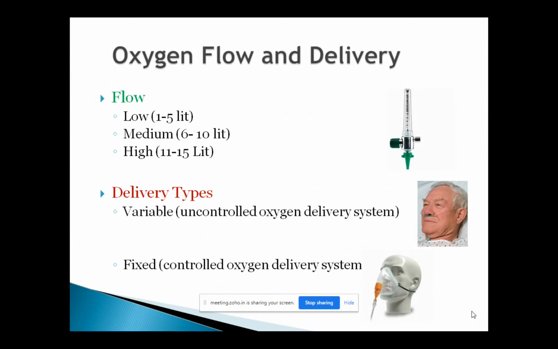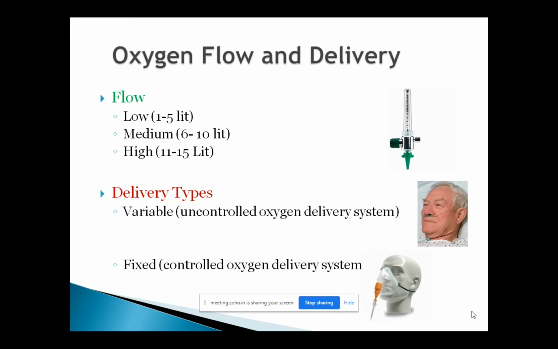Let's talk about the delivery types. There are two different types of delivery equipment you can use. One is a variable system, another is a fixed system. First, I am going to talk about the variable system. What does variable system mean? It means that with these devices, you will be able to tell only how many liters you are giving to the patient, but you won't be able to tell what percentage of oxygen the patient is achieving.